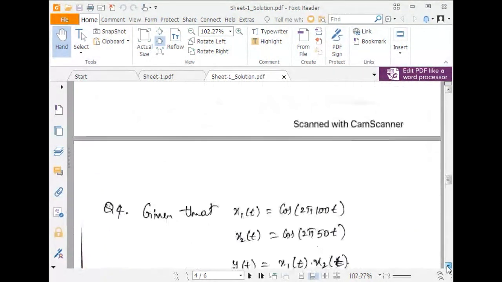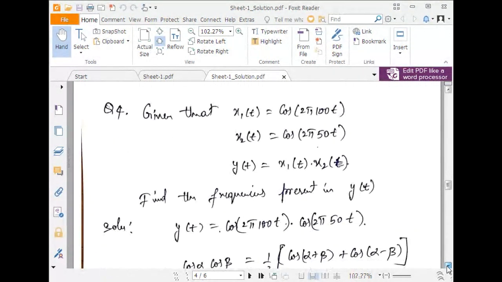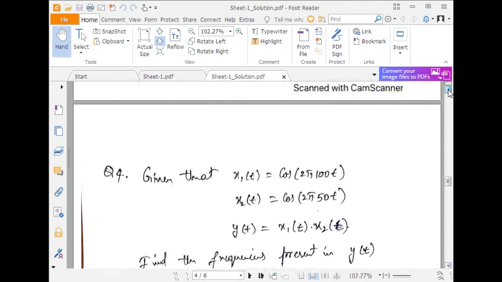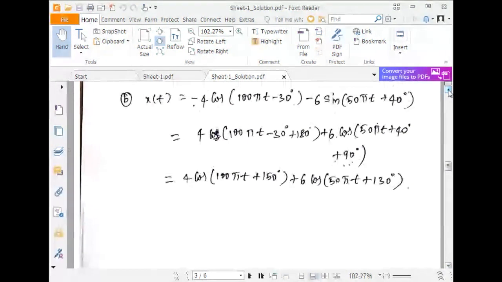Then going to the next question, question number 4. It is very simple. Given the signals x1 of t. Sir, wait, please. If you want to convert from sine to cosine, we add plus 90.